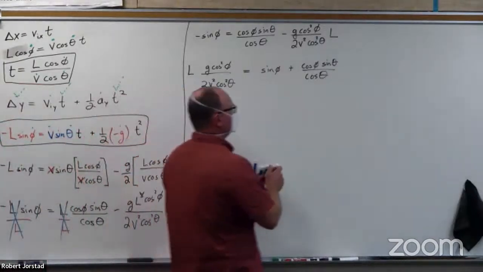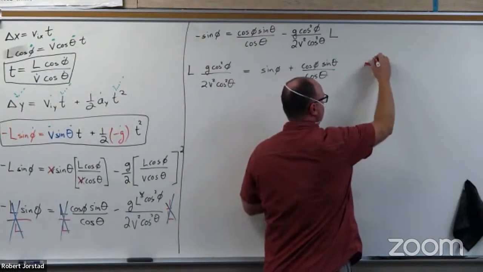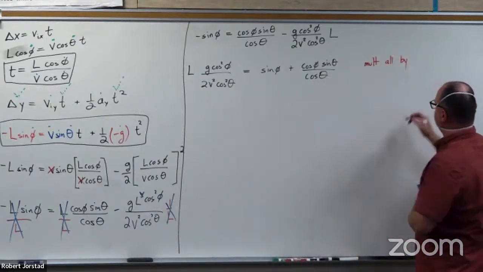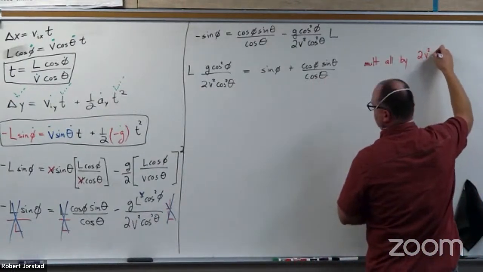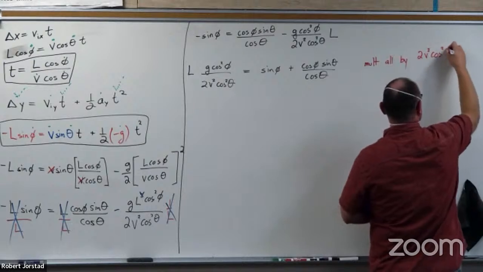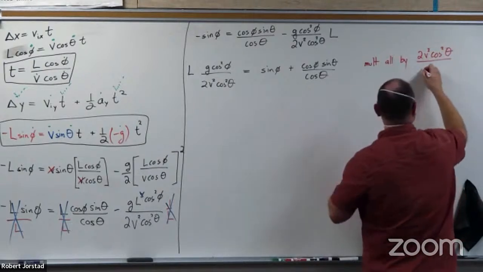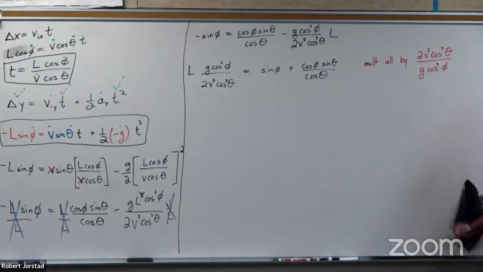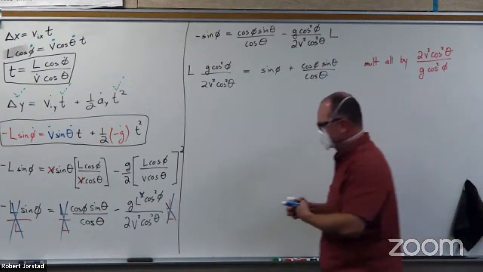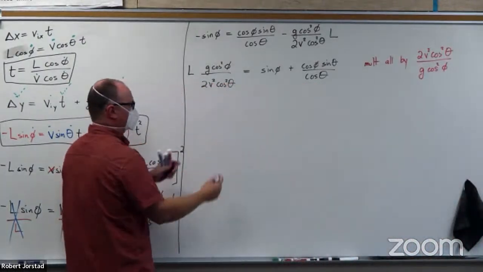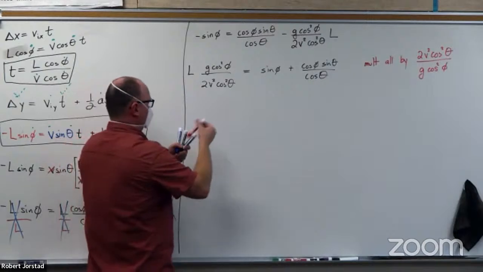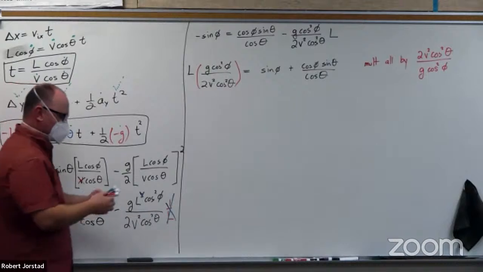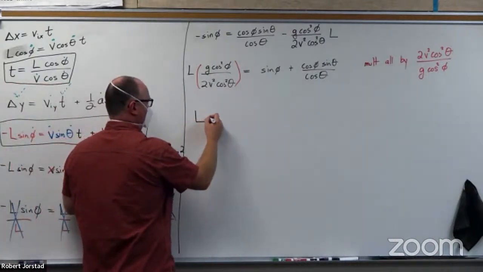What I want to do is multiply all of them by the inverse of that, which was 2v squared cos squared theta over g cos squared phi. Right? When I do that, I'm basically multiplying by the reciprocal of this. When I do that, I solve for L. That was our goal.